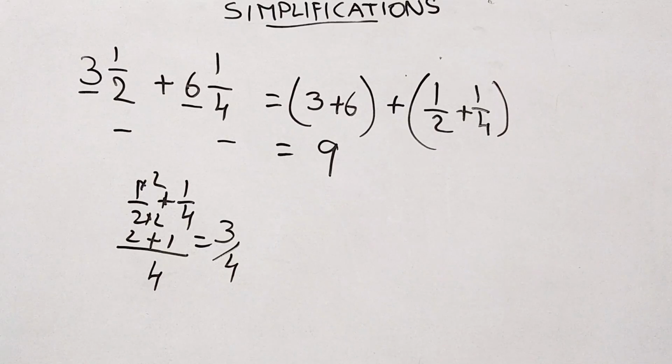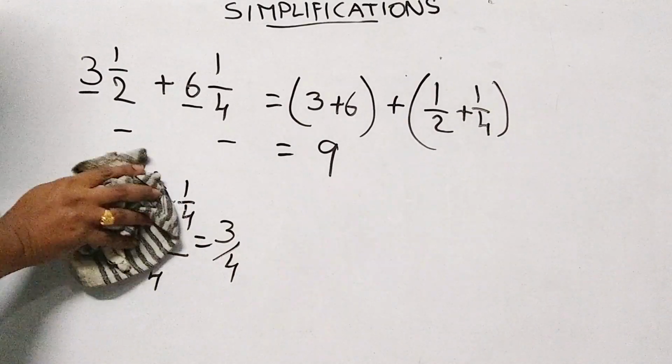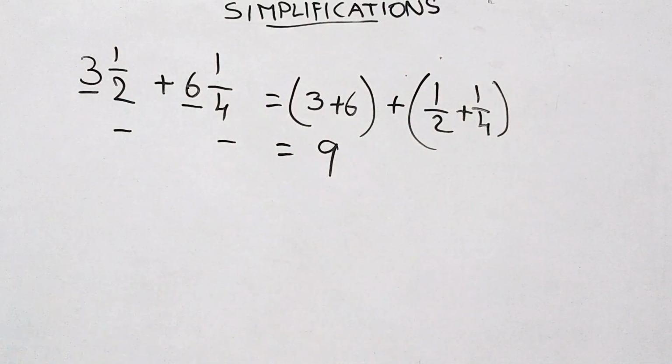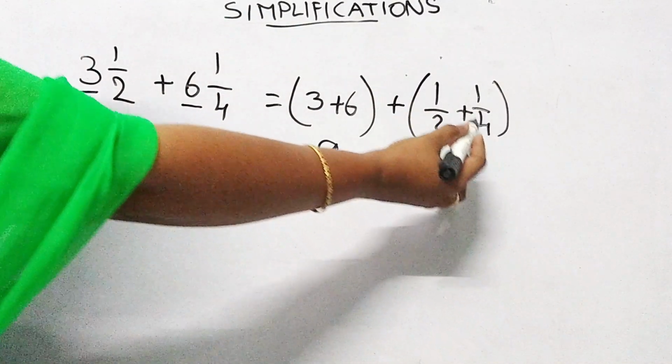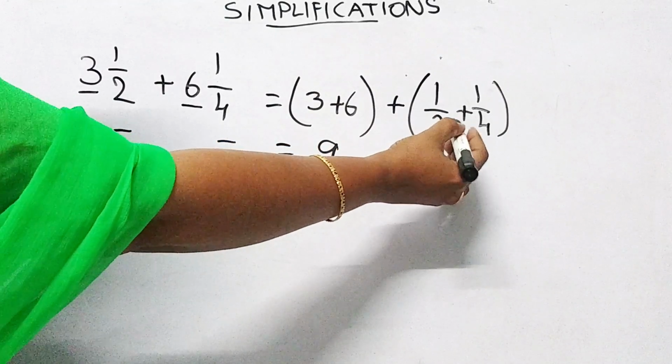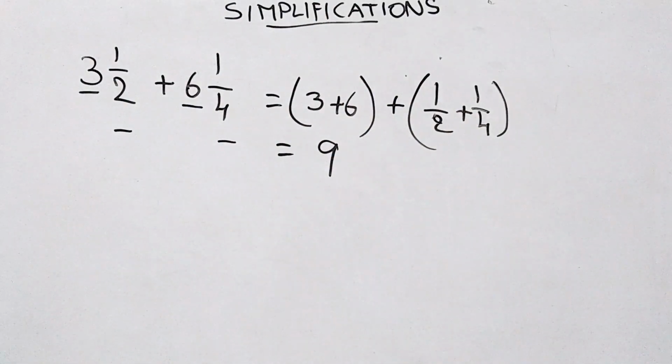So instead of writing separately and solving this, just see here the bigger number is 4. So 4 is the LCM. To add any two fractions, the denominator should be the same.